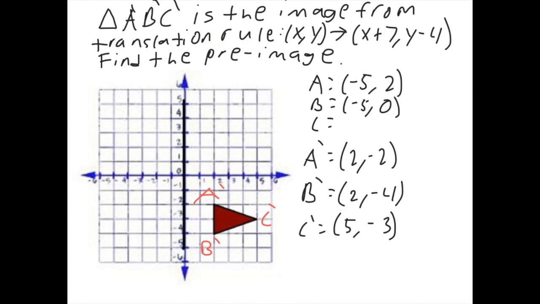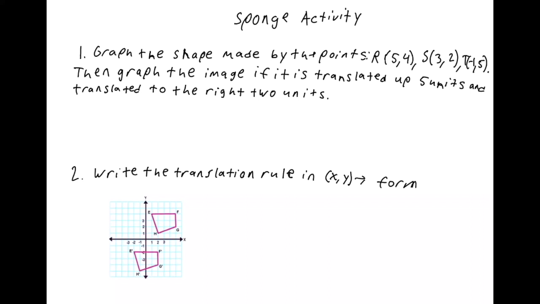And C prime was 5, so subtract 7 to get -2. And the y coordinate was -3, add 4 to get 1. And we have our coordinates, and all you would have to do after here is just plot the points and make your final triangle.